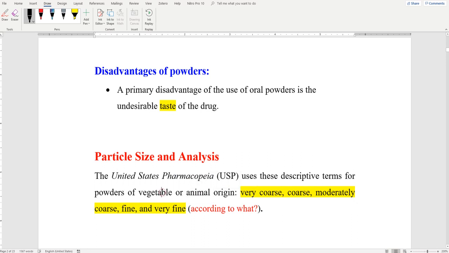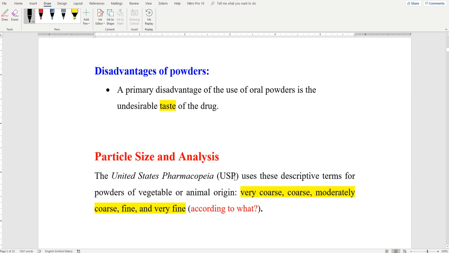Now someone might ask, what if it is from other origin, like chemical origin, synthetic? Well, we can still use these terms, very coarse, coarse, but mainly they are useful to classify powders coming from vegetable and animal sources. So, let's say the following. There are 5 classifications of powders according to sizing by sieves.